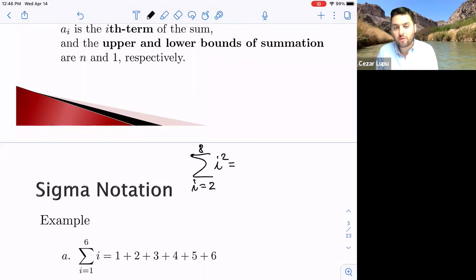All these numbers i squared from i being indexed from 2 all the way to 8. How can you tell me? How can we write this? What does this represent? Well, I'm all ears.